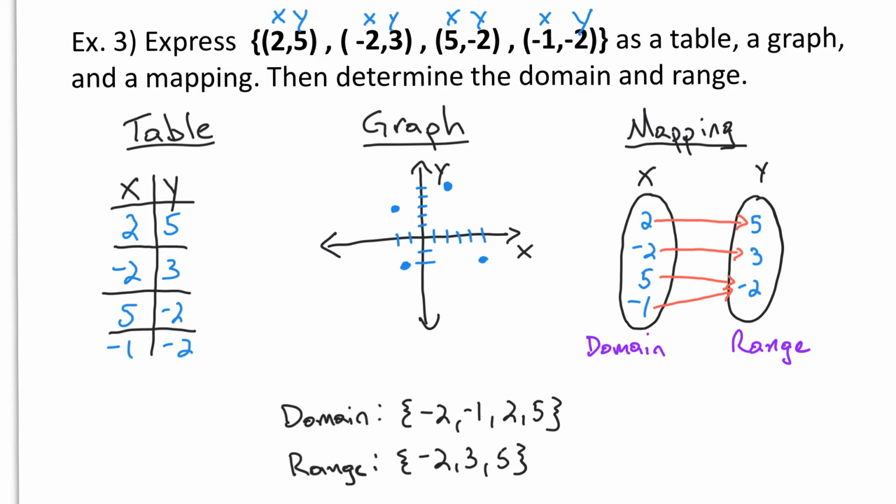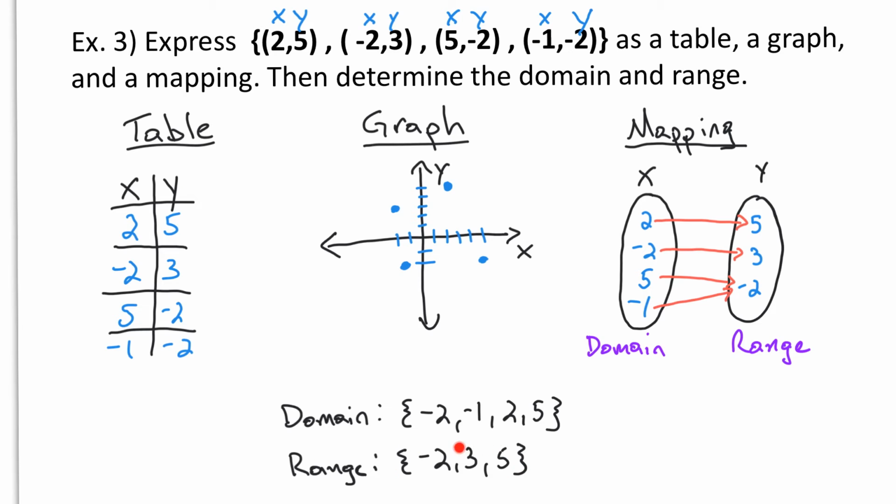So you guys are going to start with the smallest number. So when you look at the x values here, the smallest number is -2. So that's why I started with the -2. And then I keep going all the way to the biggest number or the highest number, which is 5. So I put it in order from least to greatest, -2, -1, 2, and 5.